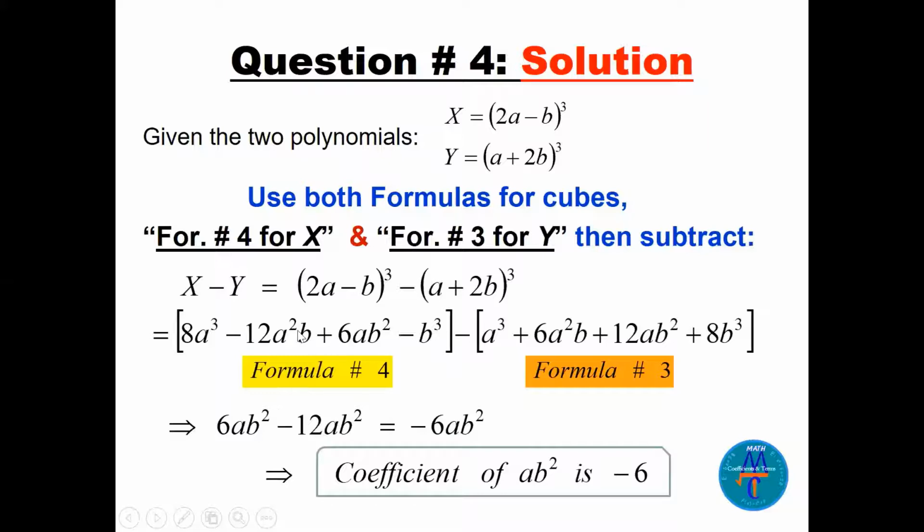So I look here. Where is ab squared? This is ab squared. So I take only 6ab squared. Here I have 6ab squared minus 12. You see that one? So minus 12. When you subtract, you get minus 6ab squared. What do I need? The coefficient of ab squared is minus 6, that is the answer.